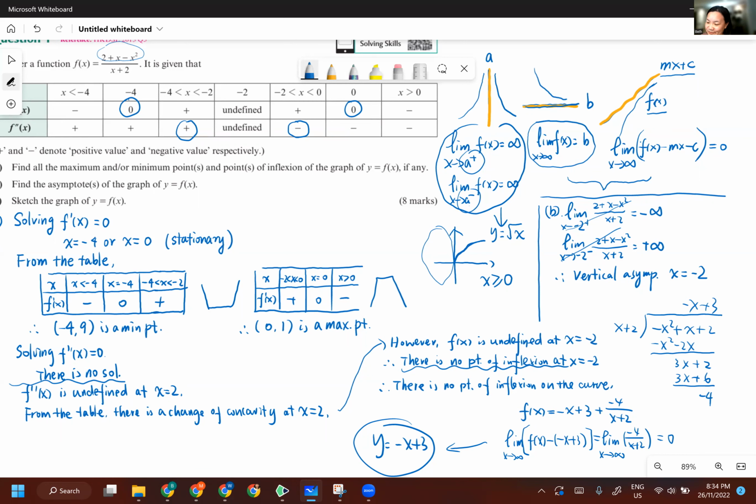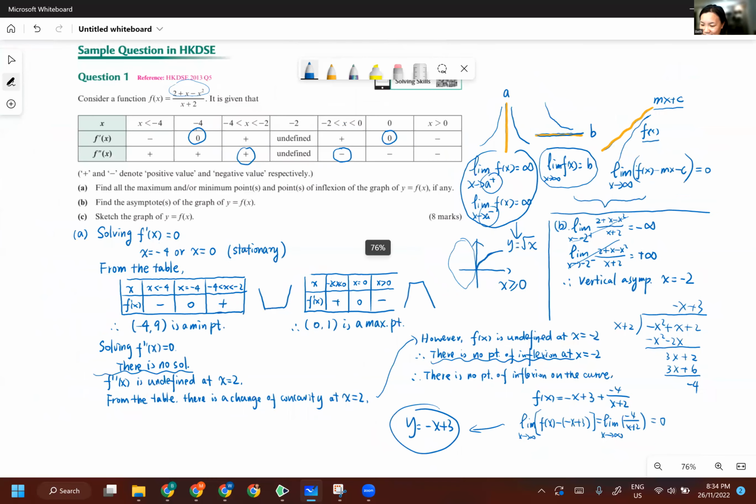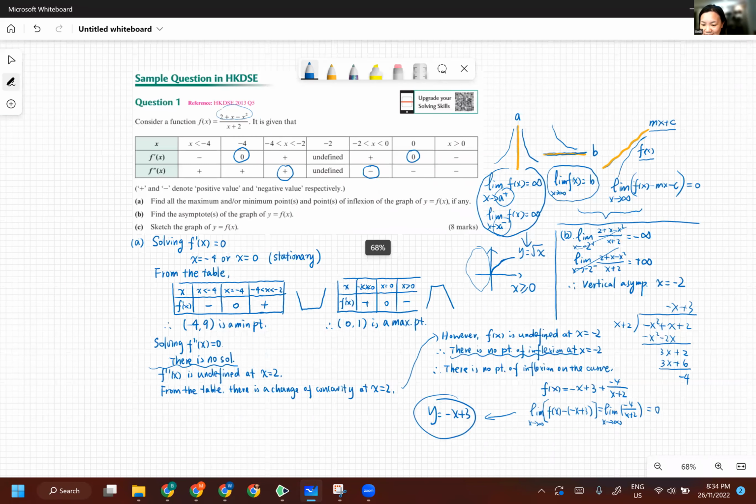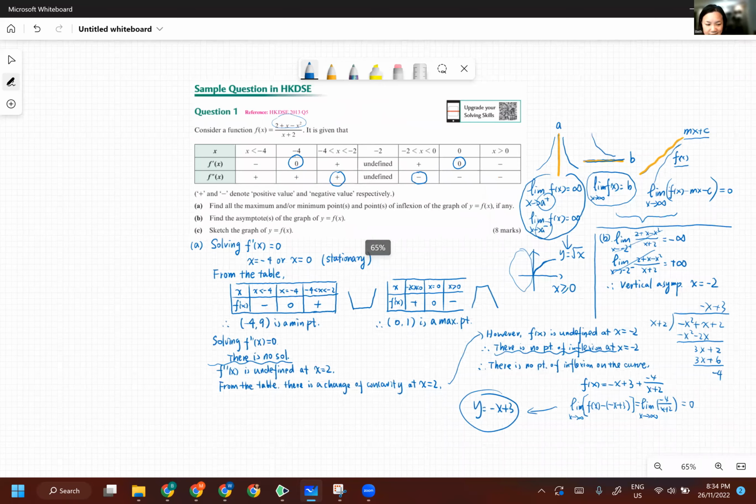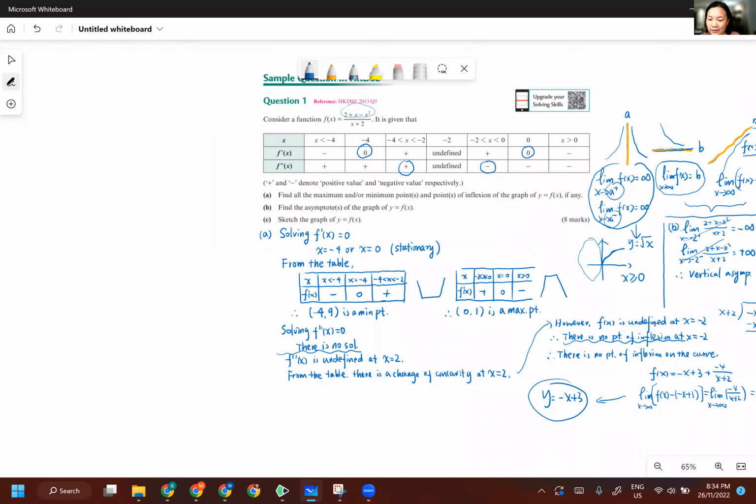Now the curve. With this table, it really should be easy. Let me find a place. I will draw the table, -2, -1, -2. That's one line. Another line is y equals -x plus 3.